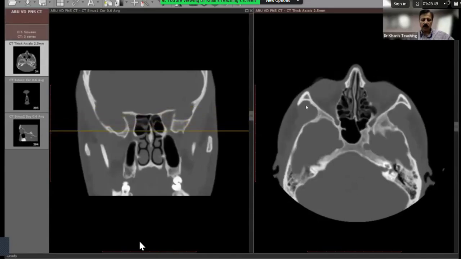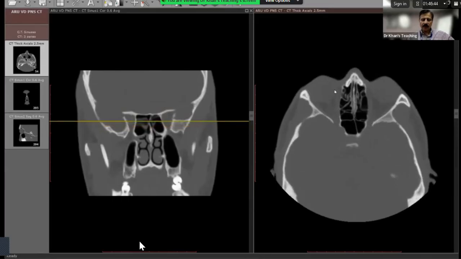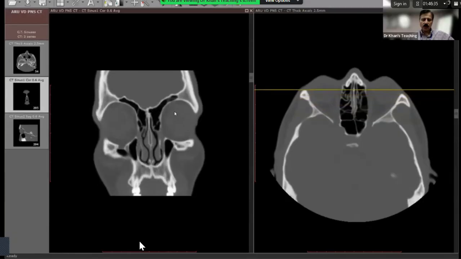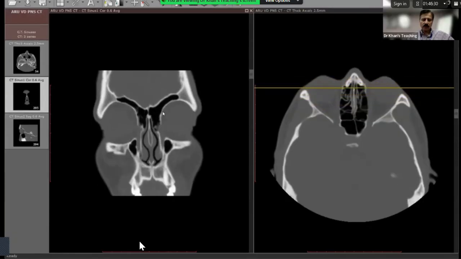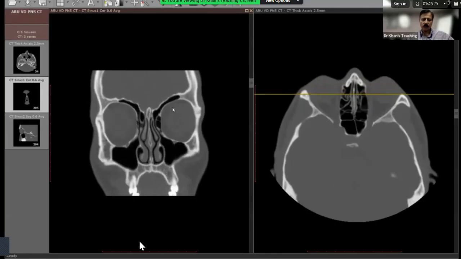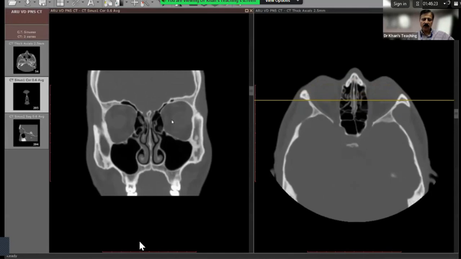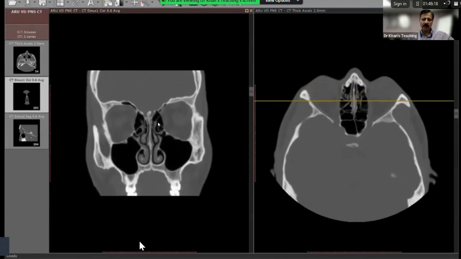So now I am at the level of the orbit, and this is the medial rectus muscle where I'm pointing out. And now you can see how I've gone anteriorly, frontal sinus, and now the ethmoid sinus. So these have to be the anterior ethmoid sinus. Now we are at the middle ethmoid sinus, and the key thing is that this is the ethmoid bulla.